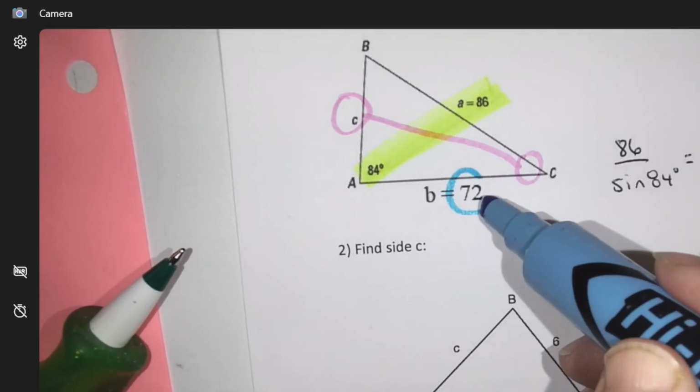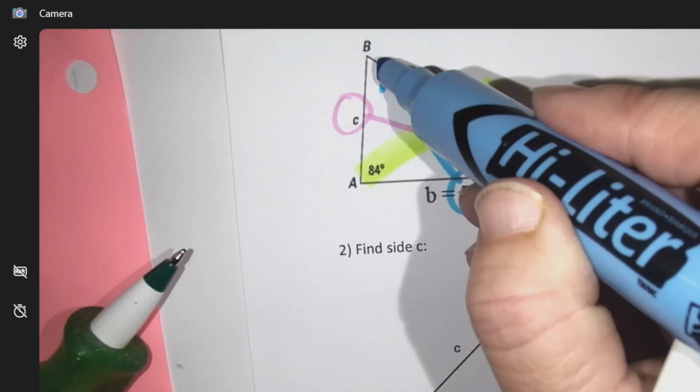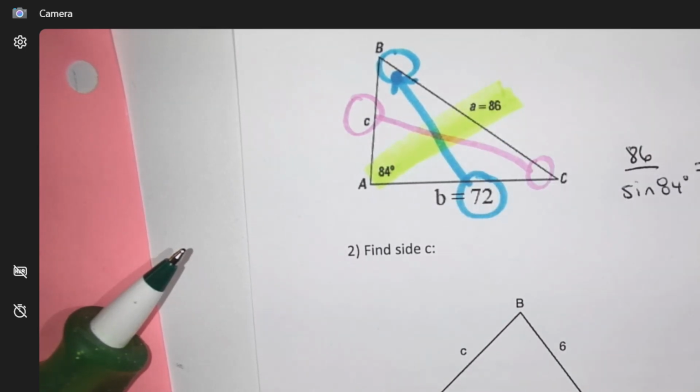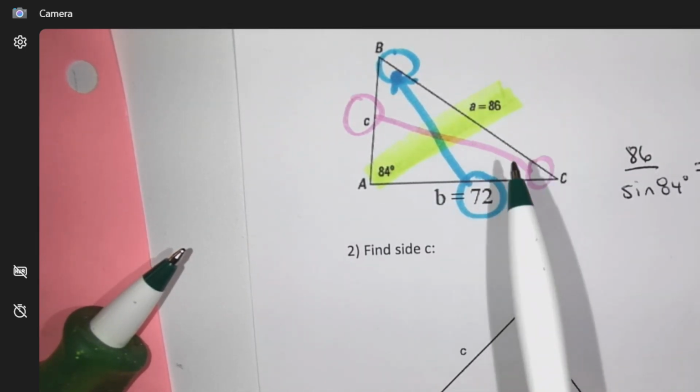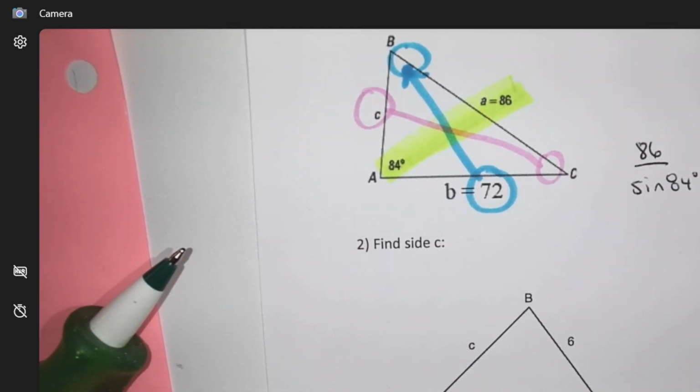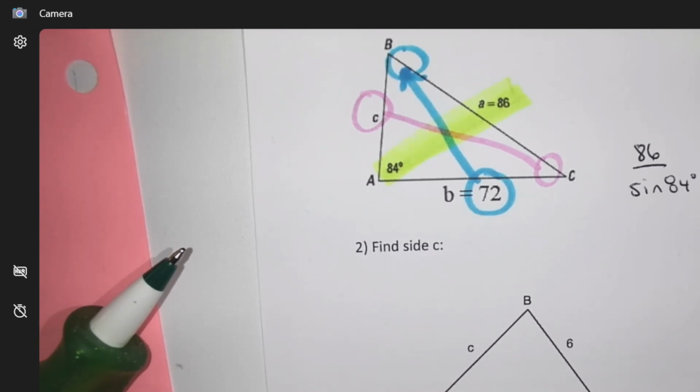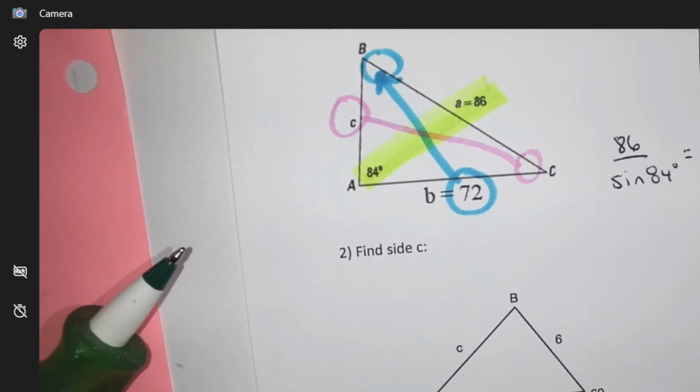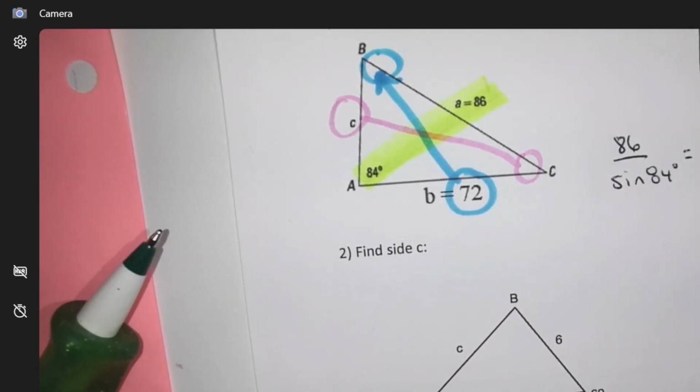72 over sine y. 72. And then we're going to find that one. Once we have that one, we're going to find that angle. So this is the one where you do double sine law, right? Remember that question? Okay, so 72 over sine angle B. So get an angle up top there.